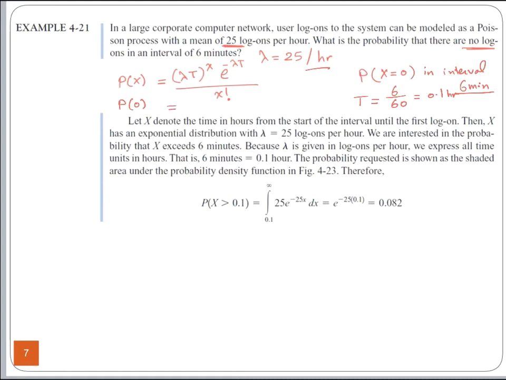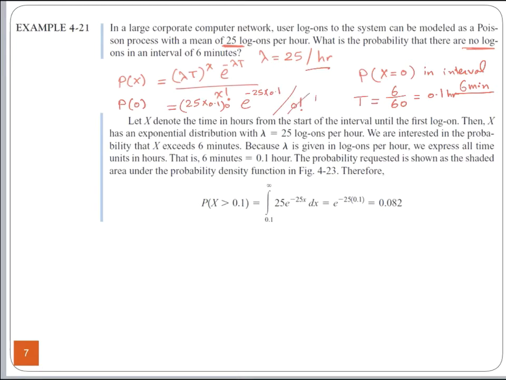This is equal to (lambda t) to the power X equals 0. So lambda is 25 times 0.1, to the power 0, multiplied by e to the minus 25 times 0.1, divided by factorial 0.